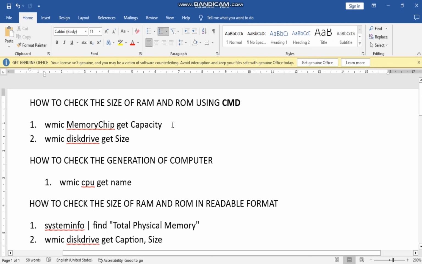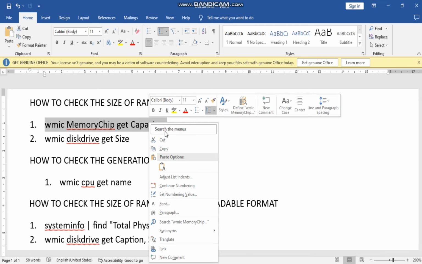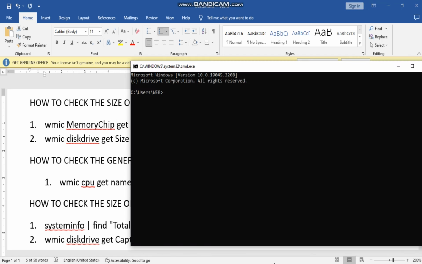For example, in part 1, we have how to check the size of RAM and ROM using the CMD. What you're going to do, you write this command, wmic memorychip get capacity. If you like, you copy this and paste it here.